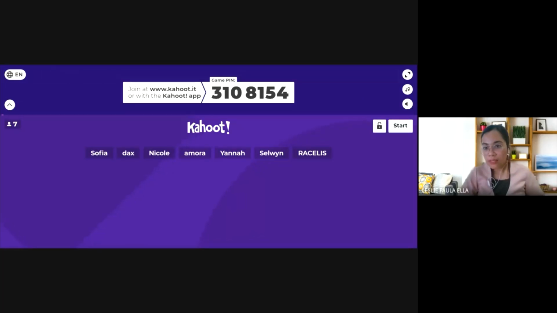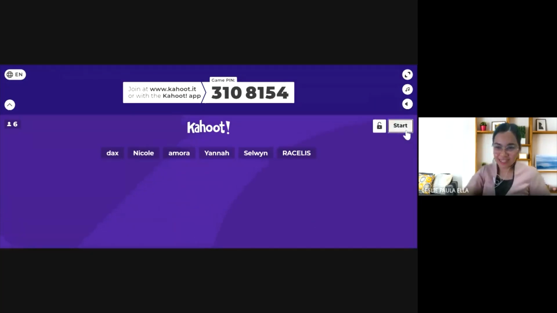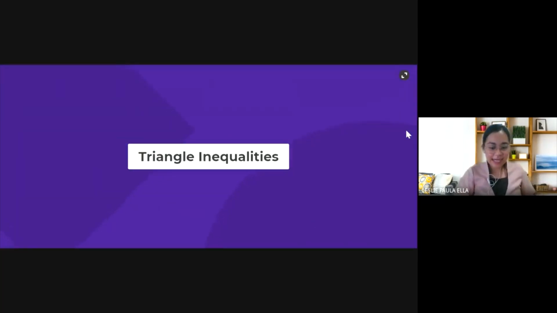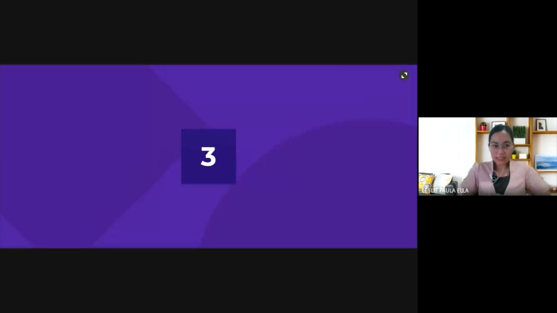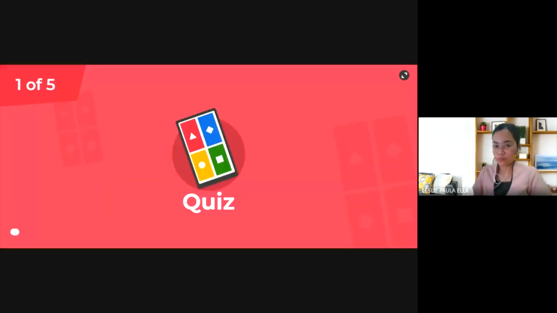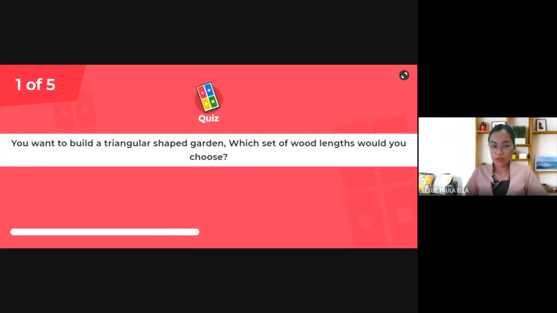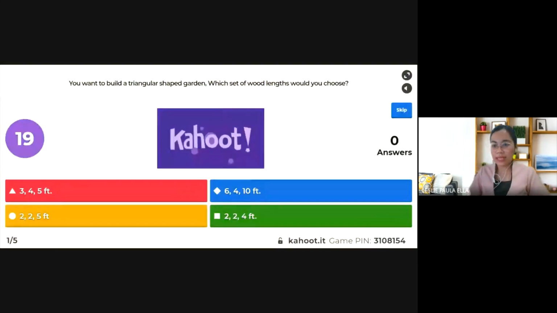Triangle inequalities. For our first question, you want to build a triangle-shaped garden. Which set of wood lengths would you choose?